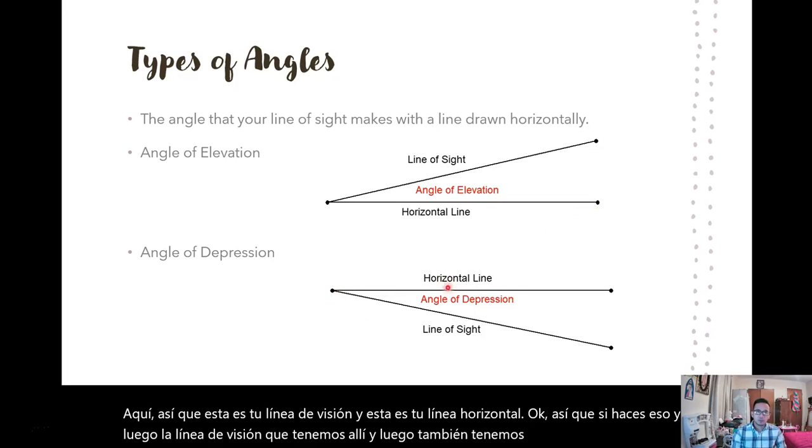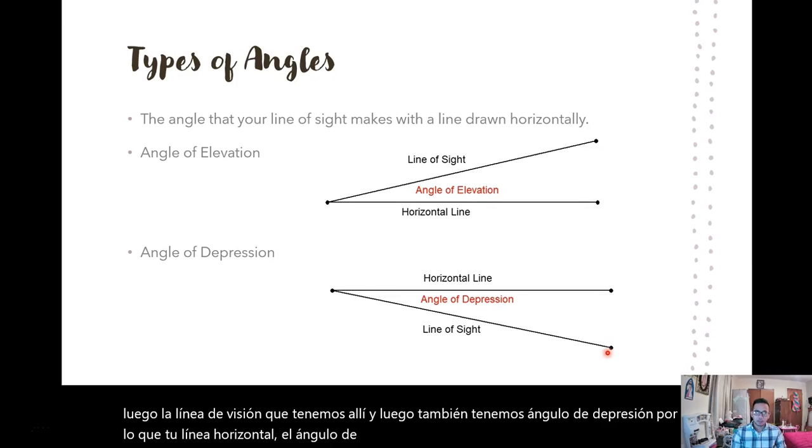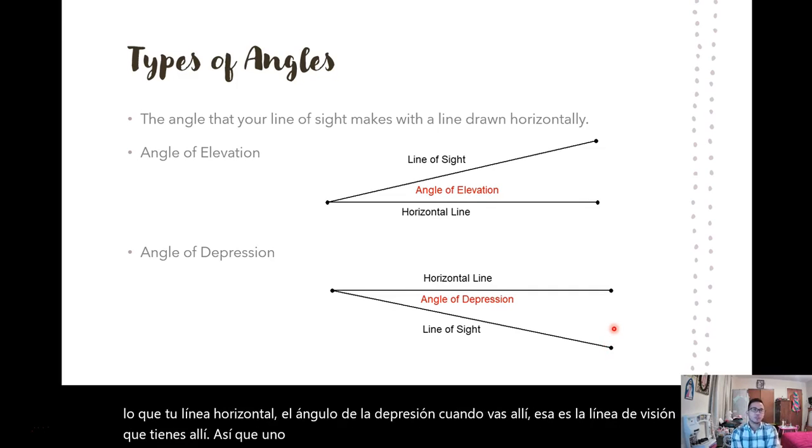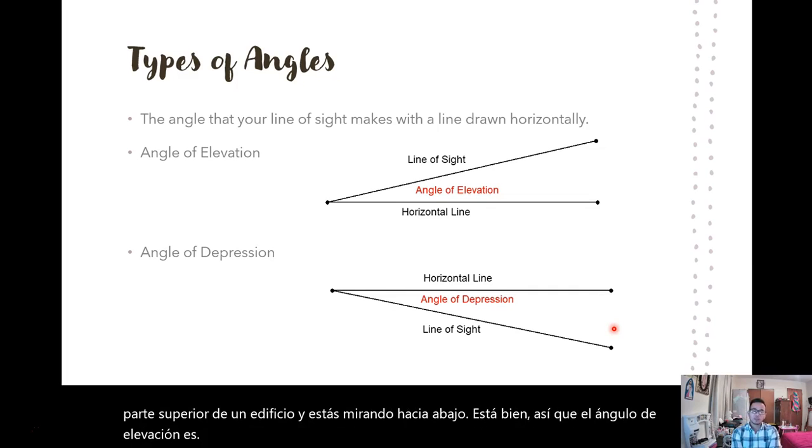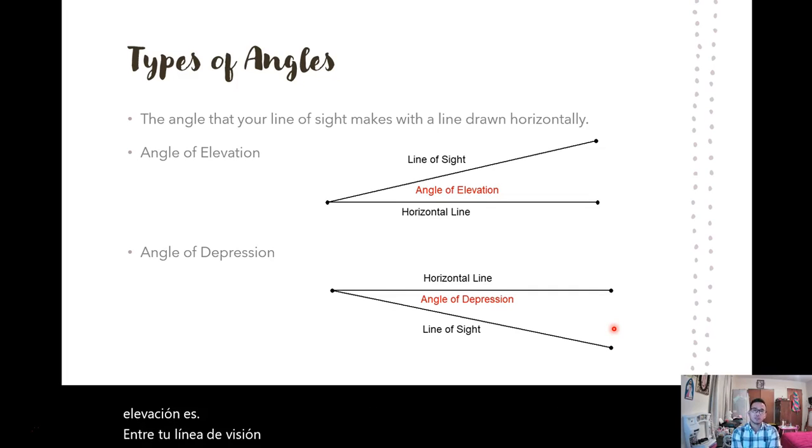With your horizontal line, the angle of depression is when you go down there, that's the line of sight that you have. One example of angle of depression is, let's say you're on top of a building and you are looking down. So the angle of elevation is between your line of sight and the horizontal line, right?